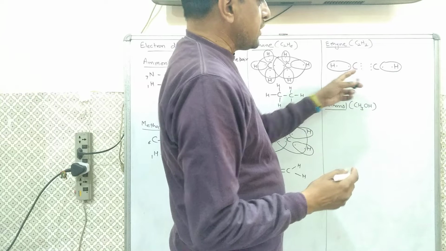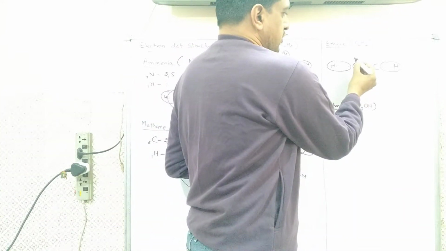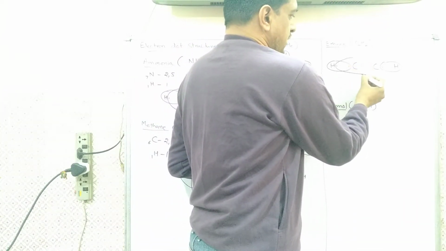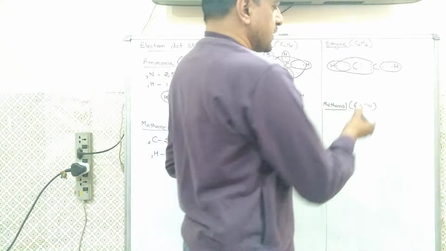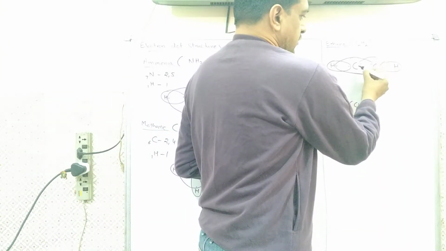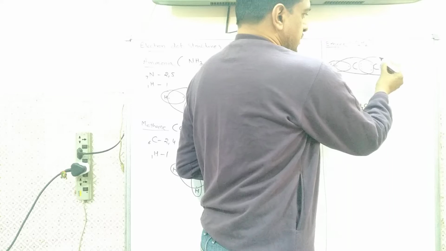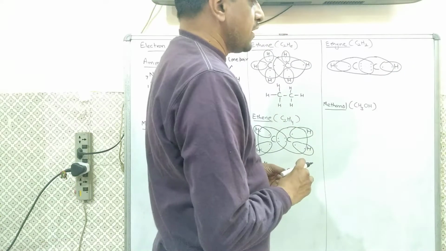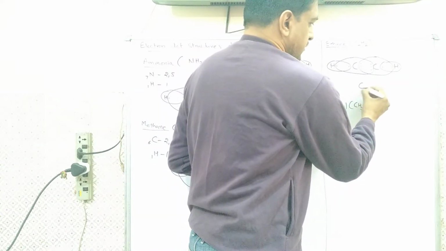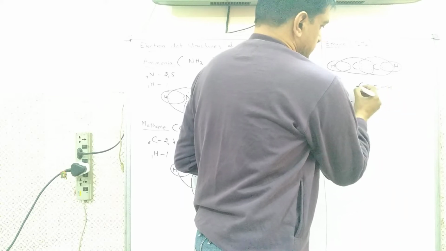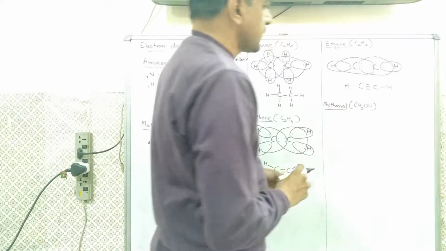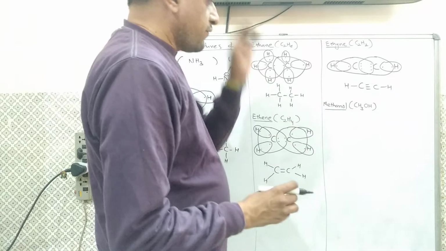Now each carbon will have 8 electrons by sharing 1 electron from hydrogen and 3 electrons from the other carbon atom. Similarly, the second carbon will do the same, and in this way each carbon has 8 electrons, and the final structure will be like this. Now it is the final structure.